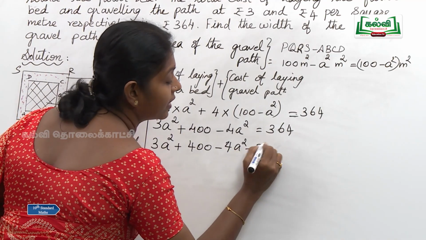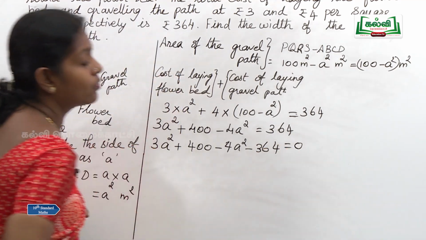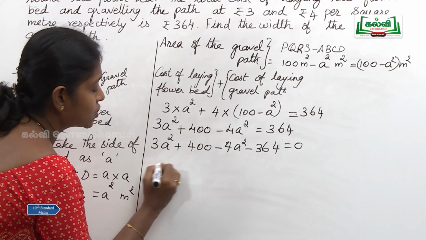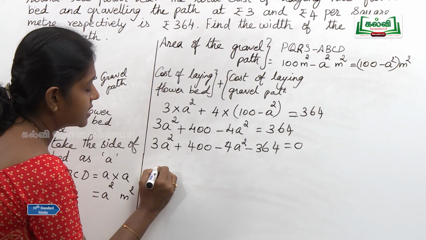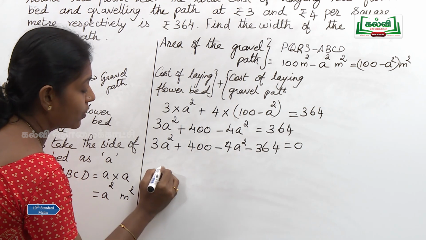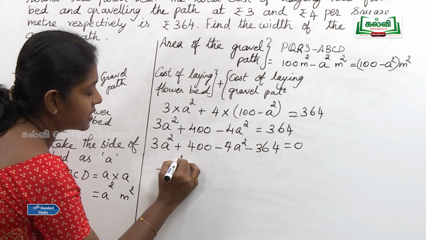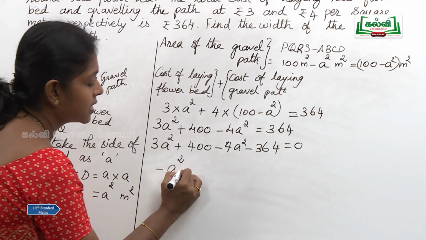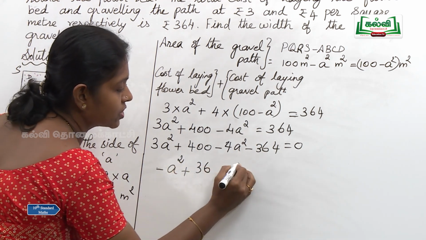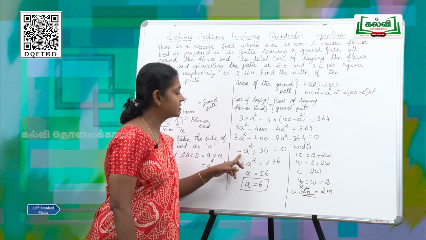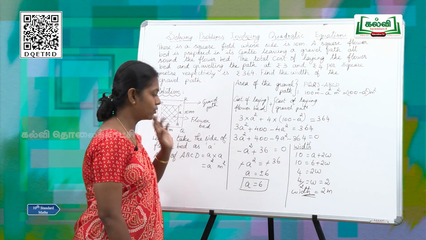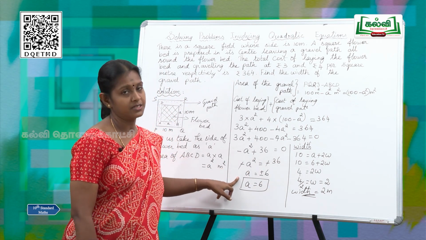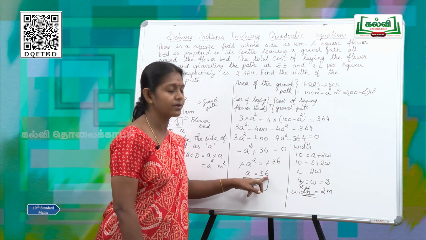That means minus 364 equal to 0. If you merge all those like terms, 3a squared minus 4a squared will become minus a squared, plus 400 minus 364 is plus 36, which is equal to 0. Minus a squared plus 36 equals 0. So, a squared will be 36. What is the value of a? Take the square root, we get a is equal to plus or minus 6.